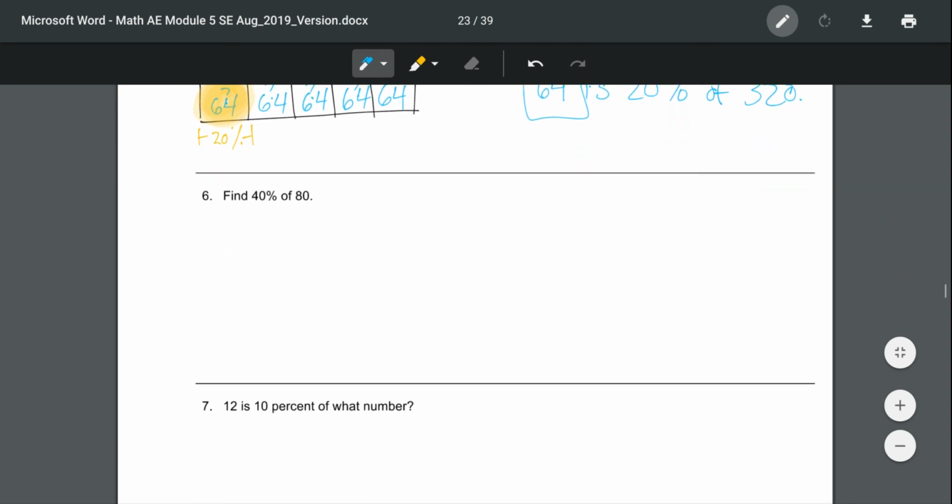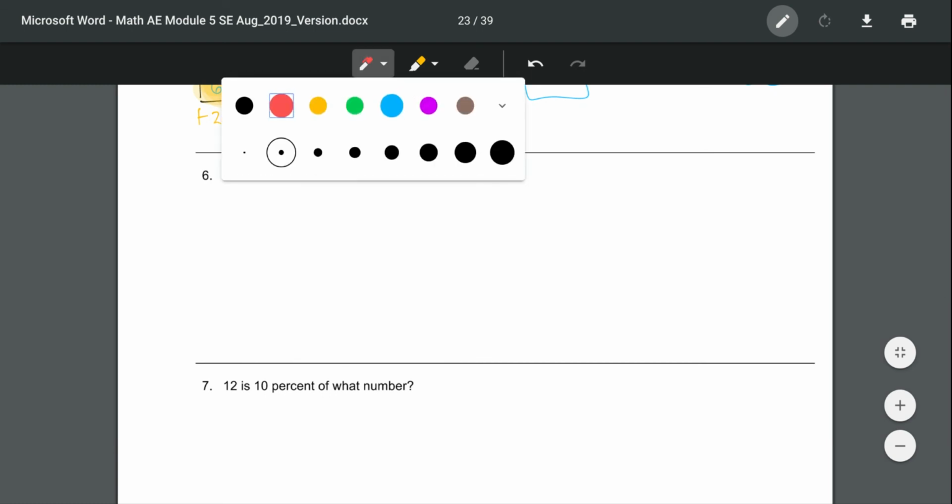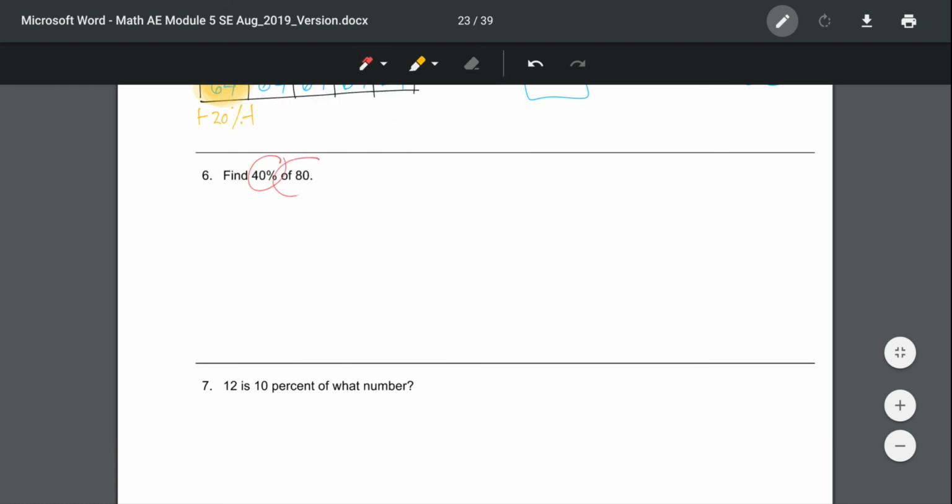Okay, number 6, find 40% of 80. So we know 80 is the total. So 40%, we want to write that as a fraction. That would be 40 out of 100, which reduces to, we divide by 20, we get 2/5.